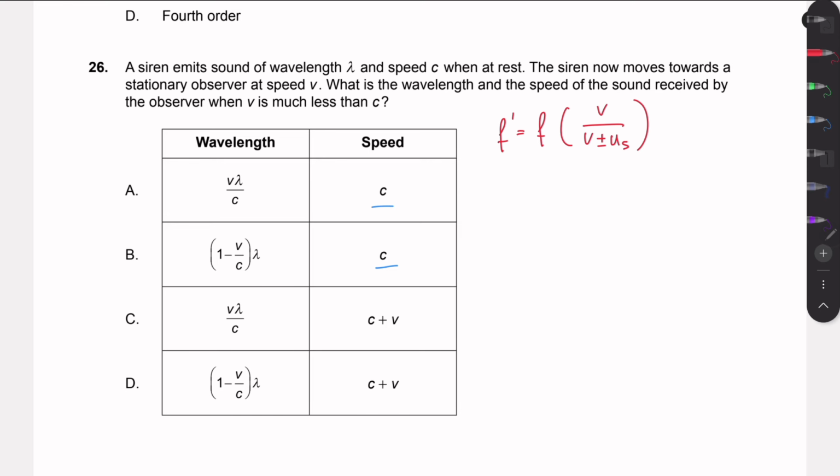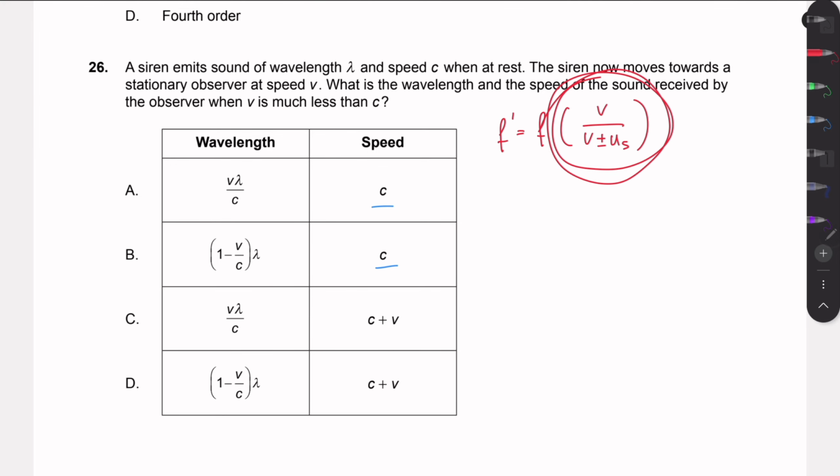And we have to decide for ourselves whether this is a plus or a minus, but this can be decided rather simply, because we know that the siren is moving towards us, so the observed frequency must be larger. As the waves are getting more compressed, the wavelength is becoming smaller and smaller, so the frequency must increase. And the way the initial frequency can increase is if this number is larger than 1.